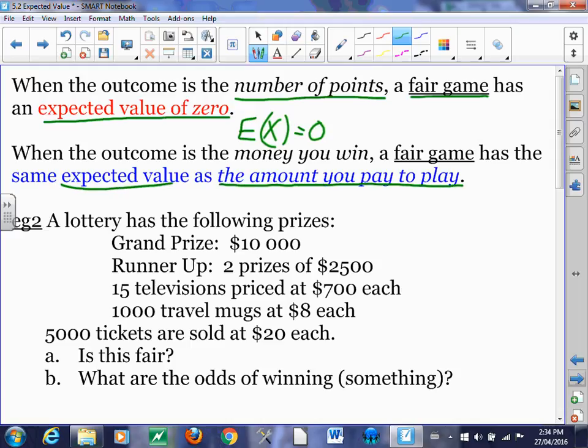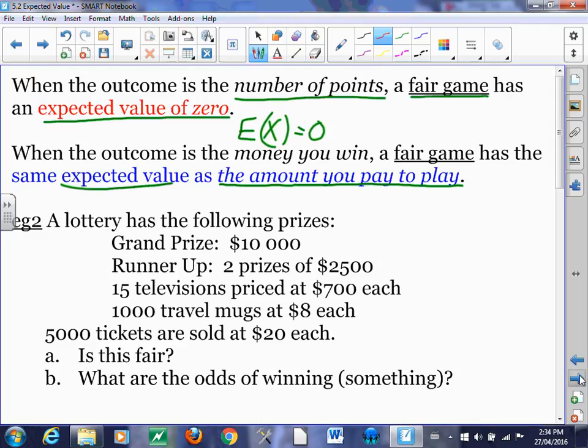So for example, if you pay $5 for a ticket, then you should expect to win $5 with that one ticket. But what we know in life is that lotteries are usually not fair games because they usually raise money and donate to charity, or they just make a lot of money for themselves.